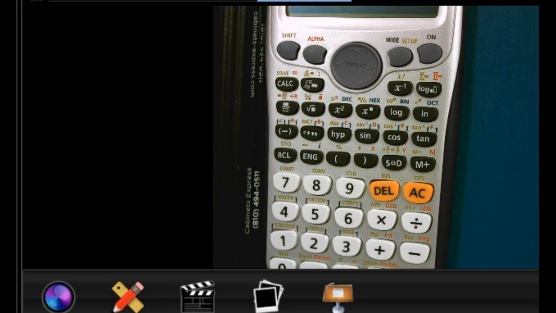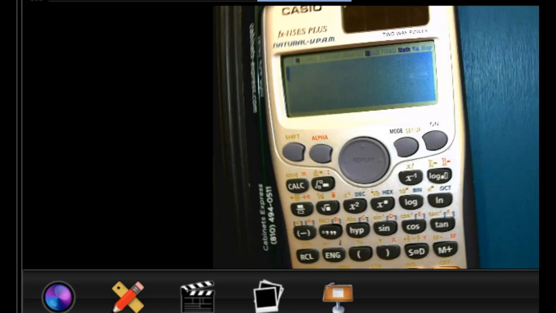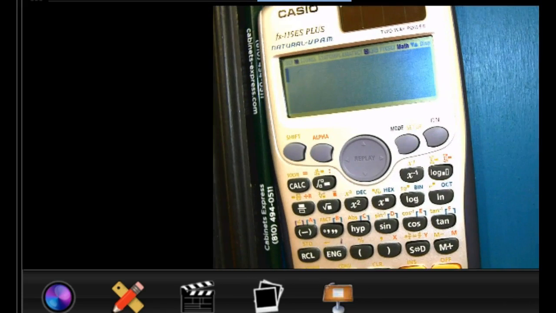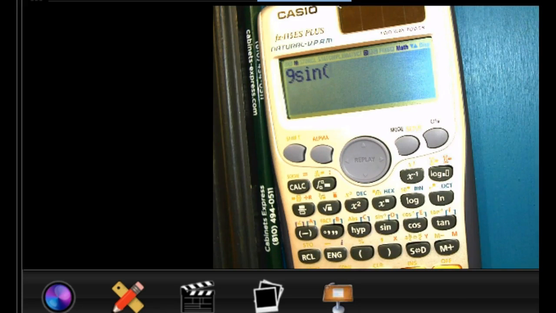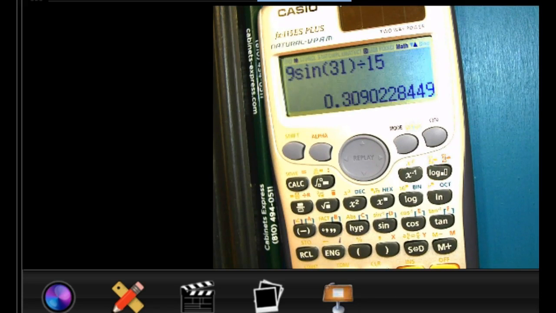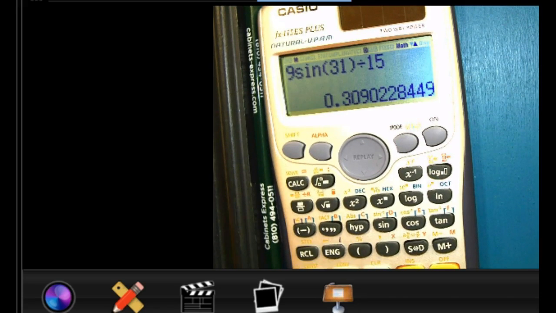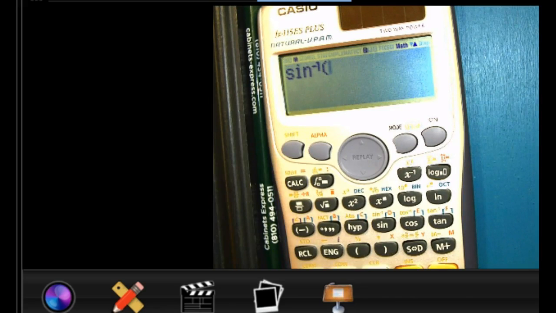So then in my calculator, there we go. I'm going to do 9 times the sine of 31. And then I'm going to divide that by 15. Right? And that gives me this number, but that's the sine of y. So I'm going to do shift sine inverse of my answer.